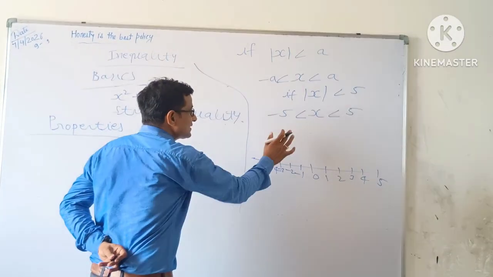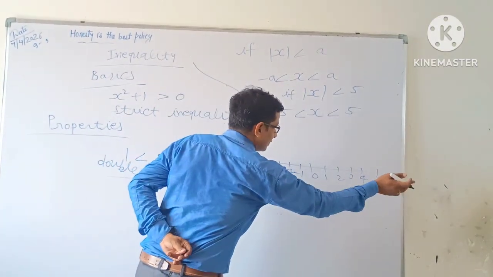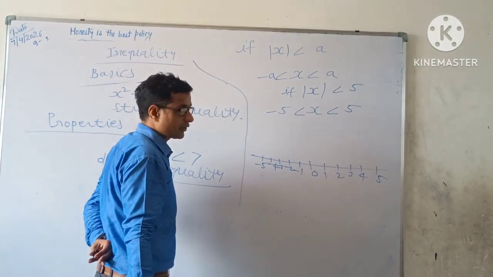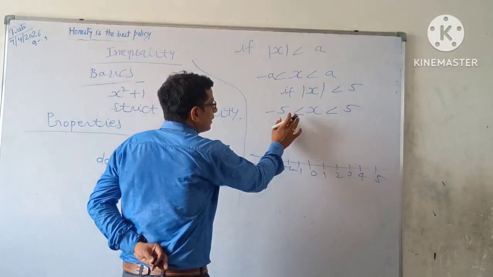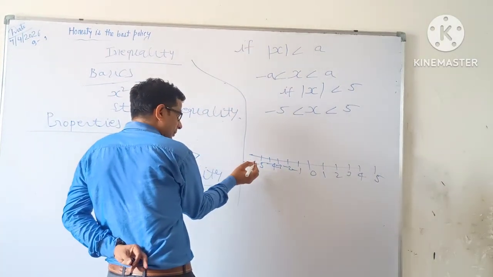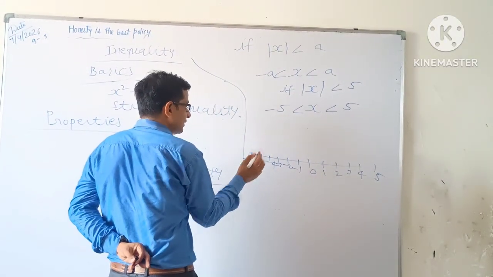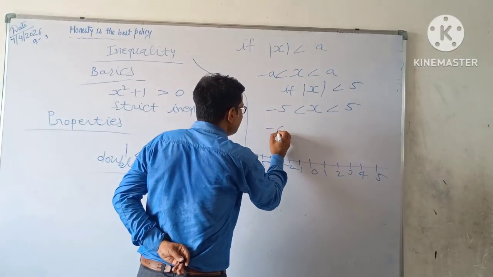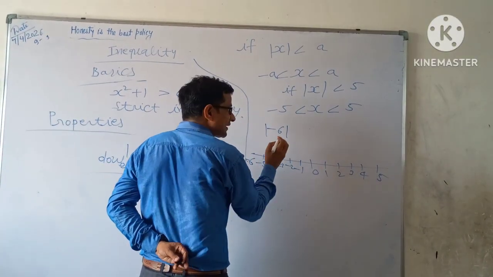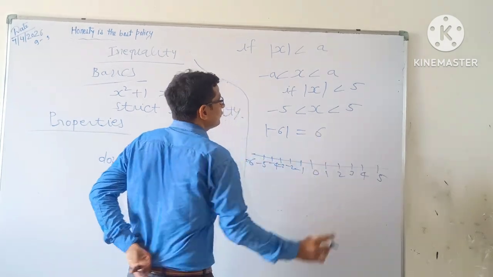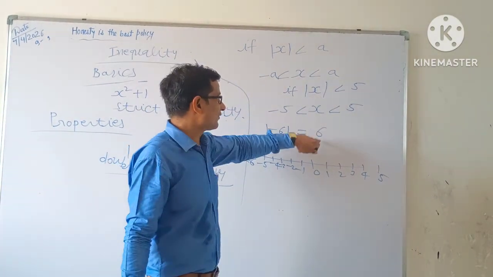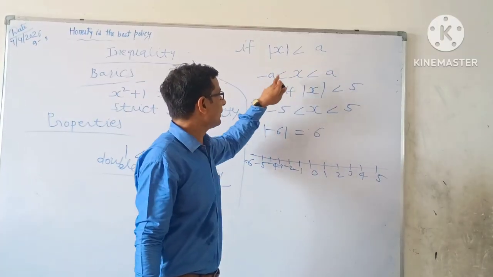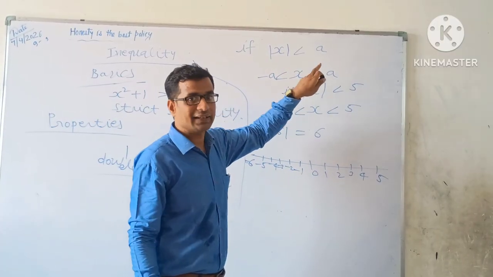If x is greater than 5, then mod x will not be less than 5. And if x is less than minus 5, like minus 6 or minus 7, suppose we take minus 6, we know that mod minus 6 is equal to 6, which is greater than 5, not less than 5. So if mod x is less than a, then minus a is less than x is less than a.